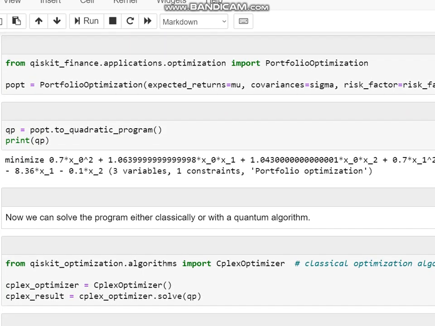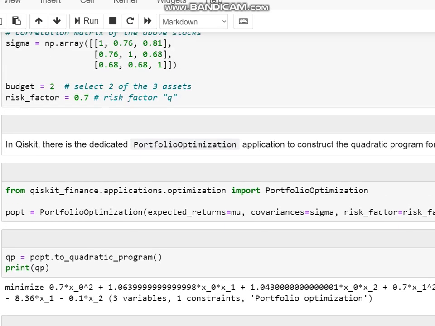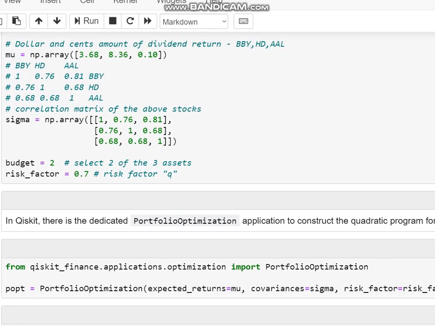And then we get onto, from Qiskit Finance applications optimization, import the portfolio optimization module. We set our variable po, and then we put in our expected returns, which is the mu, because, let's go back up here, our expected returns mu is up here, this array.